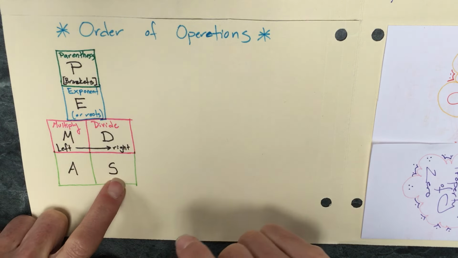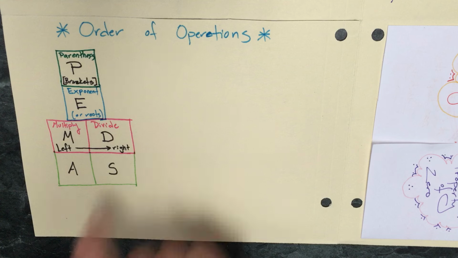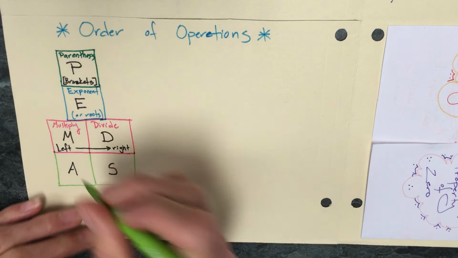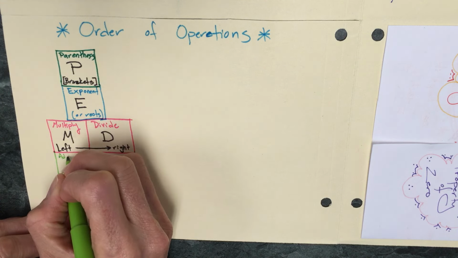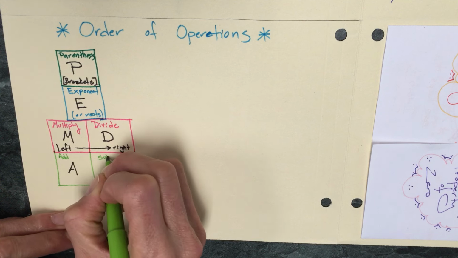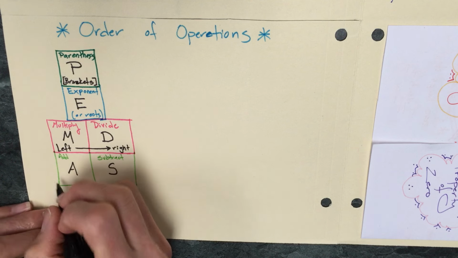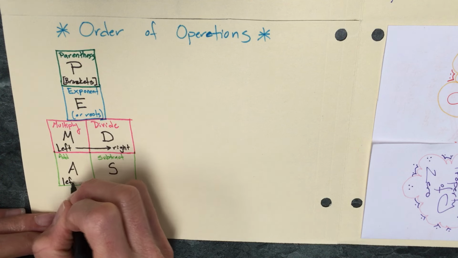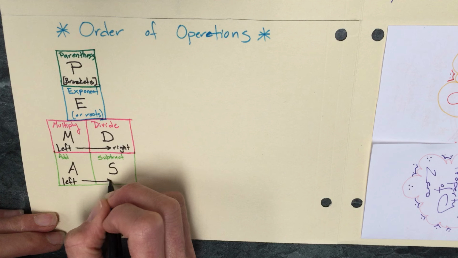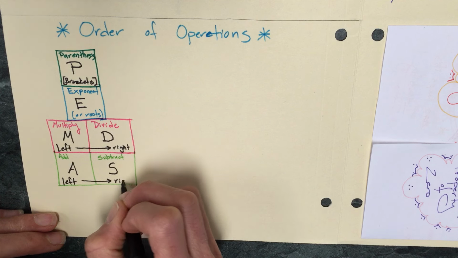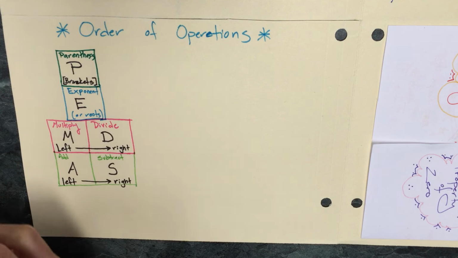If the subtraction comes first in the problem, you would do the subtraction first. So add, subtract from left to right. If you need to pause at any time, make sure you do so.